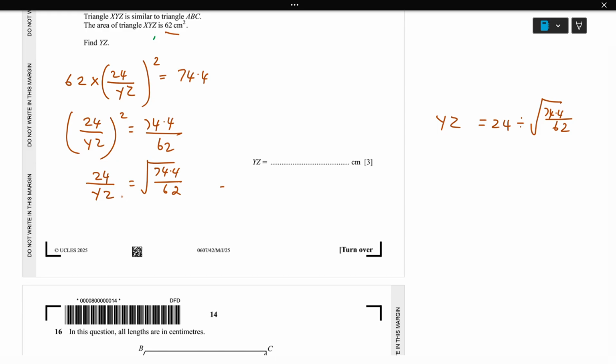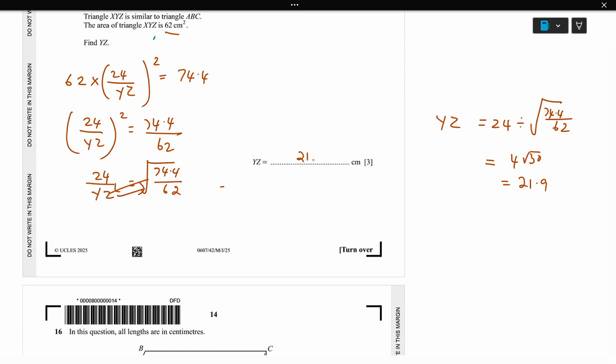The answer is YZ equal to 4 root 30, which in decimal is 21.9.